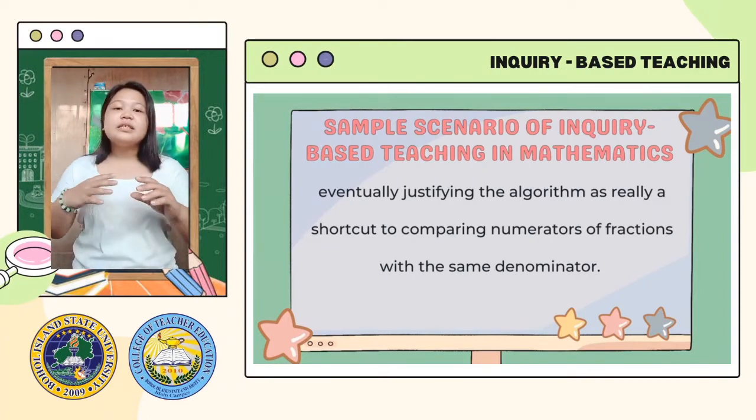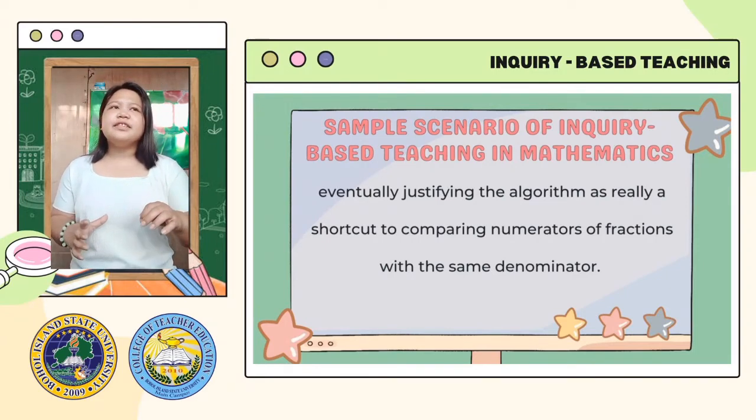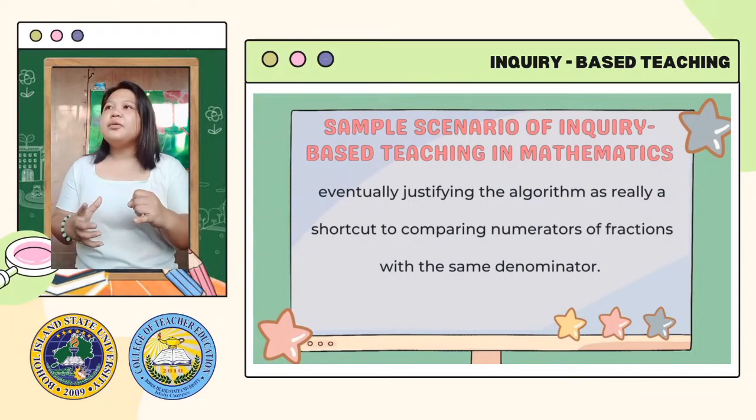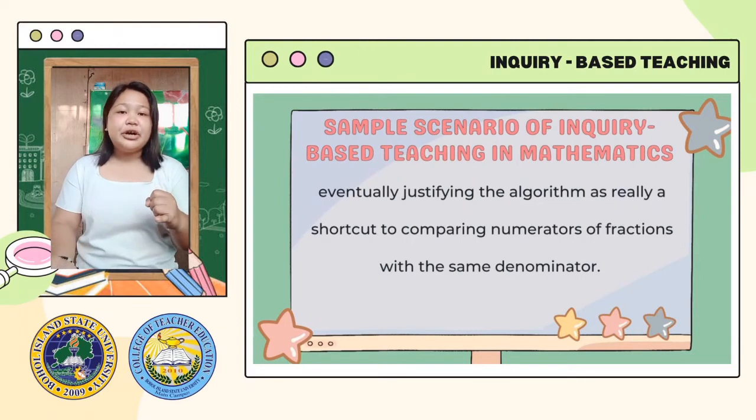That's the scenario. So we can really see the 5E model on that, no? The engagement. So the way that the students were engaged in the activity, that's already the engagement. The explore.